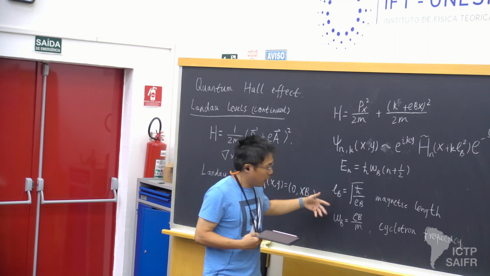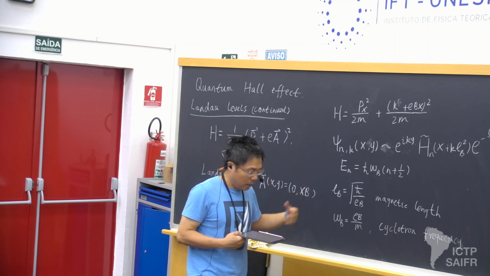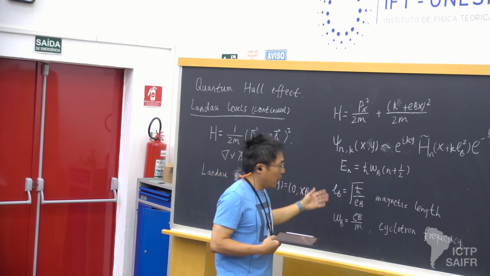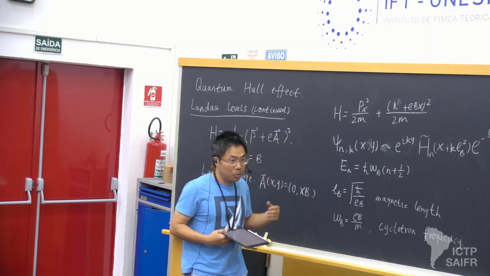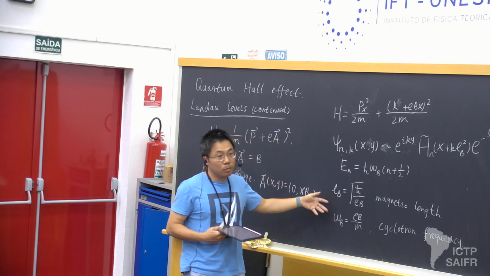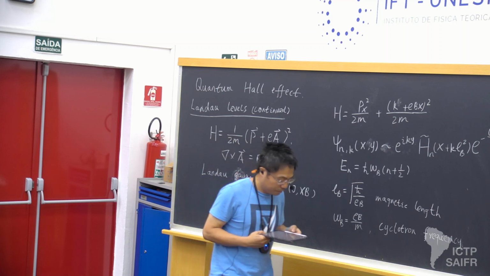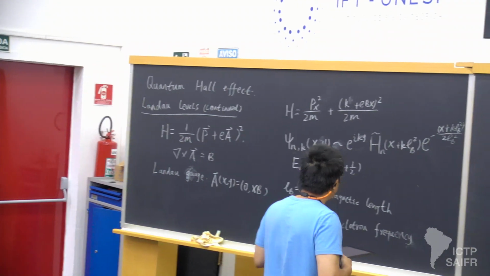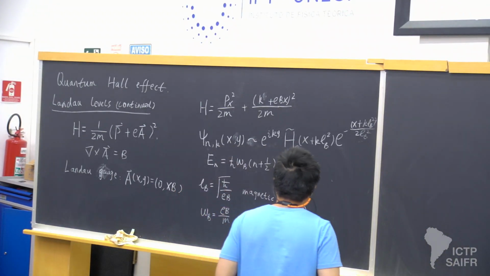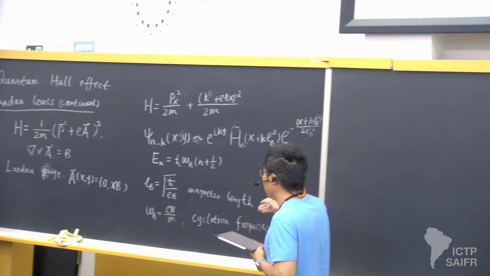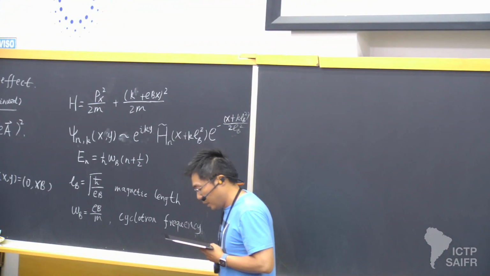So it will be good to have some idea about what they are. And later you will see there are actually some semi-classical interpretations of the physical meaning of those two quantities.